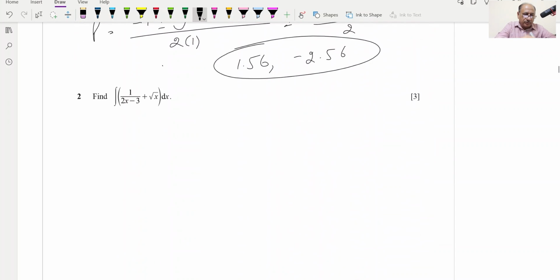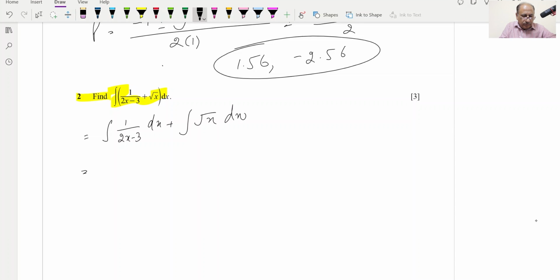Hopefully you understood this. Now question number 2, find the integral of this one. We can write this as separate integrals. So the integral of 1 over 2x minus 3 dx plus the integral of square root of x dx.